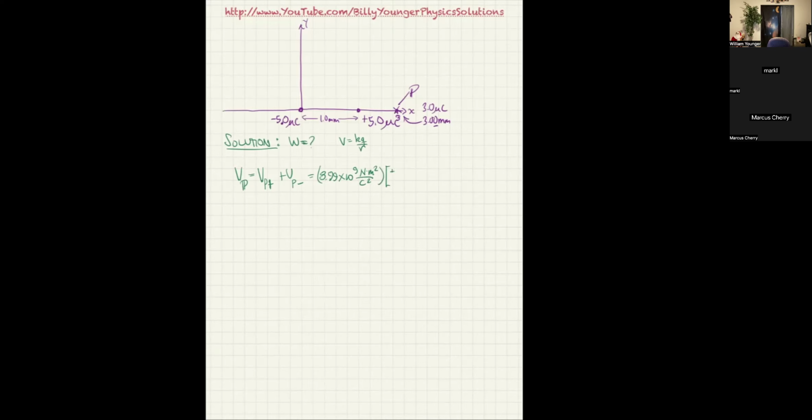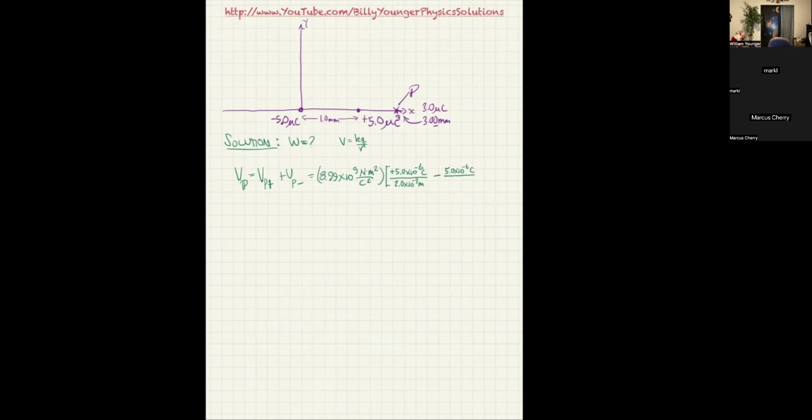I'm doing the positive first, so it's going to be times 5.0 times 10 to the negative 6 coulombs. And now the distance away is, remember, the positive one is at the 1 millimeter mark and the point is at the 3 millimeter mark. So this should be 2.0 times 10 to the negative 3 meters. And then the next one, since it's a negative charge, I'm going to put minus, and then 5.0 times 10 to the negative 6 coulombs.